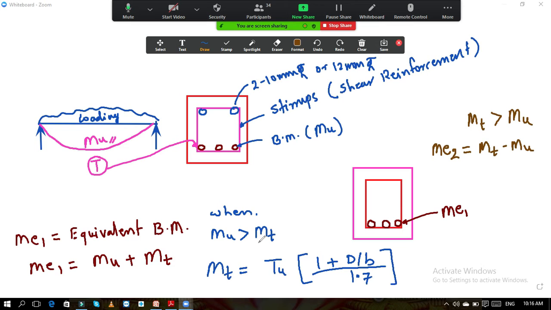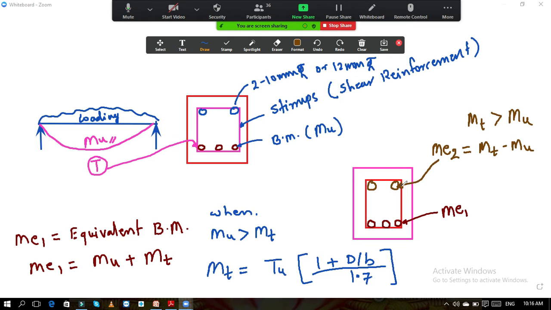If Mu is greater than Mt, there is no problem; you calculate only Me1 and provide the nominal reinforcement at the top. But when Mt is greater than Mu, you need to calculate that remaining moment, which acts in the opposite sense of Me1. Whatever moment comes out as Mt minus Mu, we design these top bars for that moment. These top bars are designed for this moment Me2.